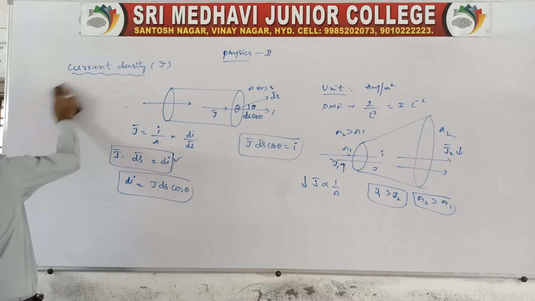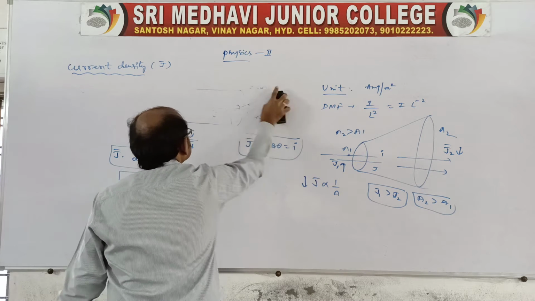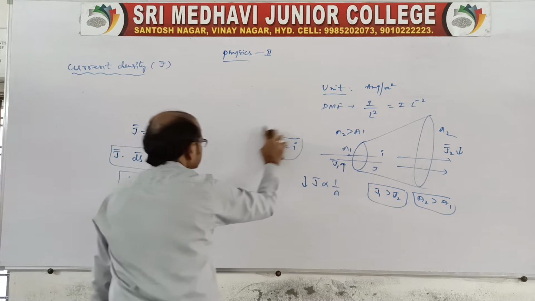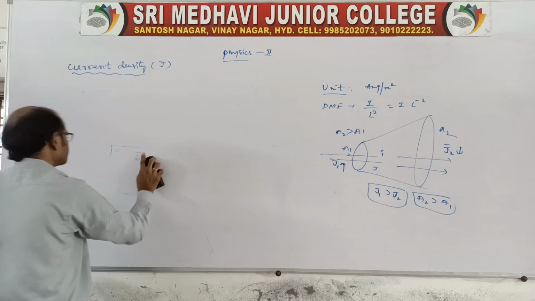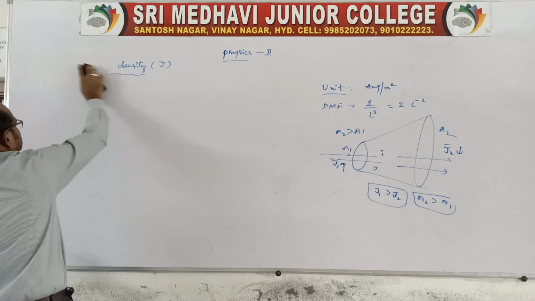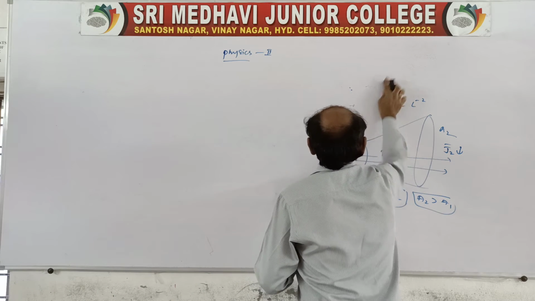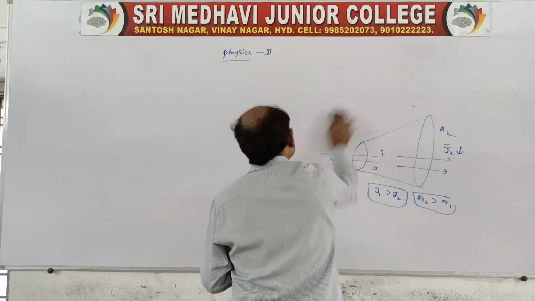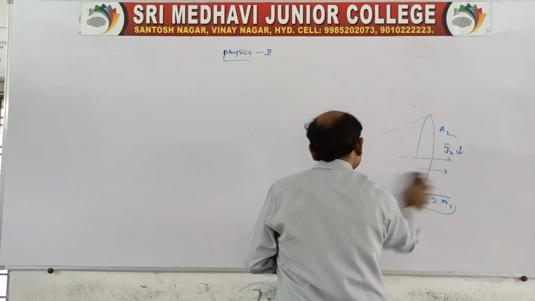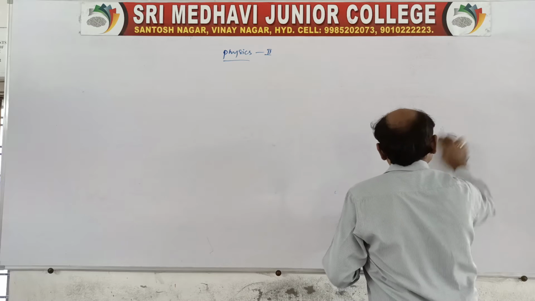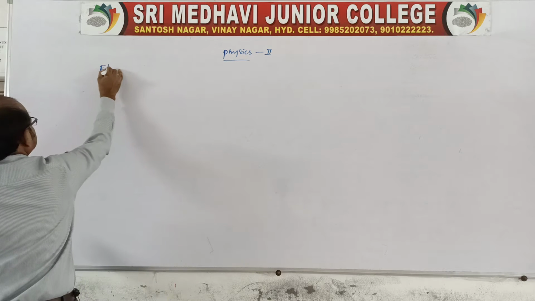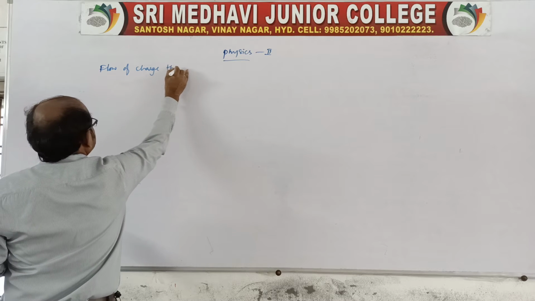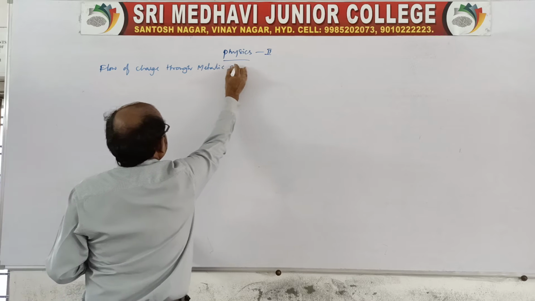And let us move to the next one. Coming to the next one: in case of a flow of charge through metallic conductors. The side heading is flow of charge through metallic conductors.